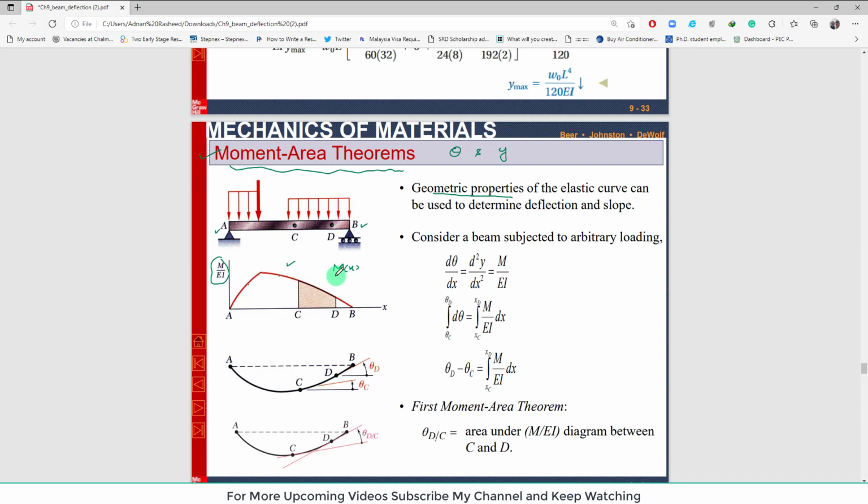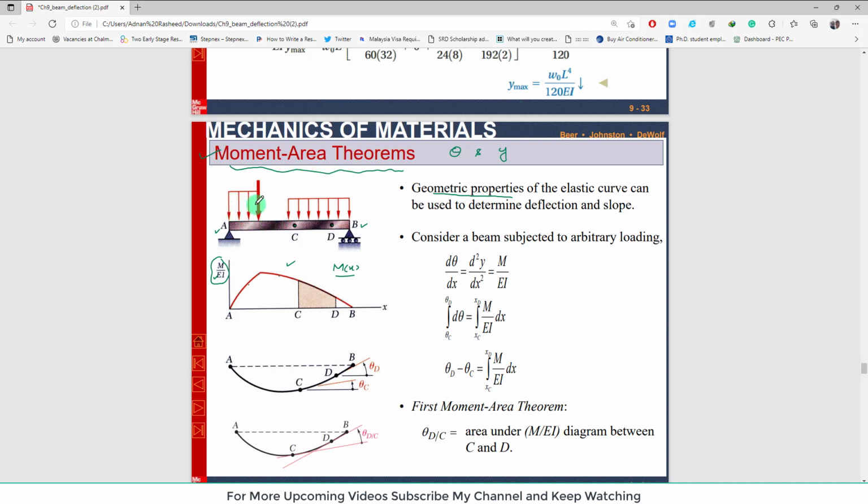Again, I will repeat: this is the beam under the loading condition, and here is its bending moment diagram. If you divide every point of the bending moment by EI and plot them again, it will give you the same shape curve. That is known as the M over EI diagram, and that will be utilized in the moment area theorem.